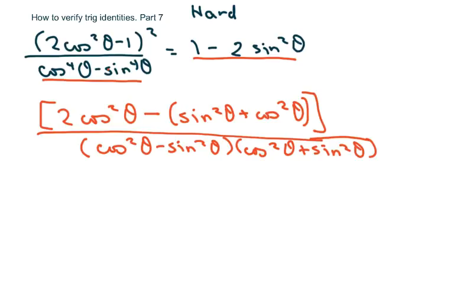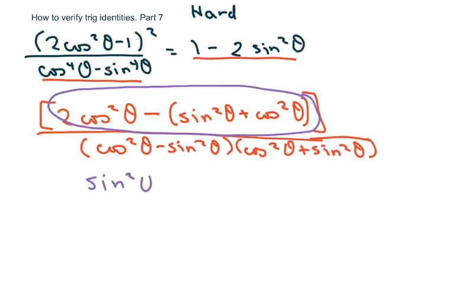So now I'm going to go ahead and write the numerator. I'm going to readjust this and write this as sine squared of theta. I'm changing the negatives here, but sine squared theta minus 2 cosine squared of theta plus cosine squared of theta.